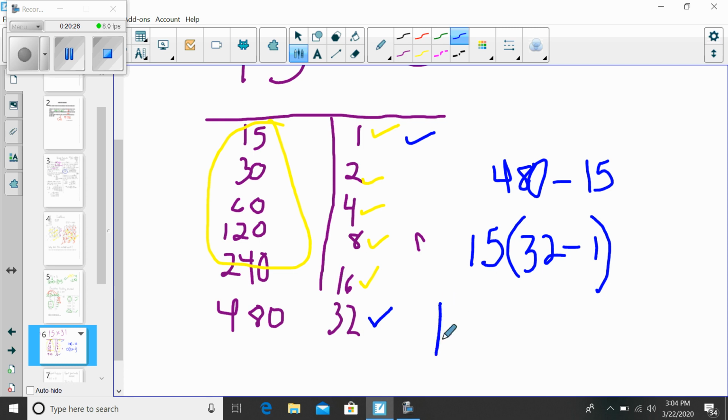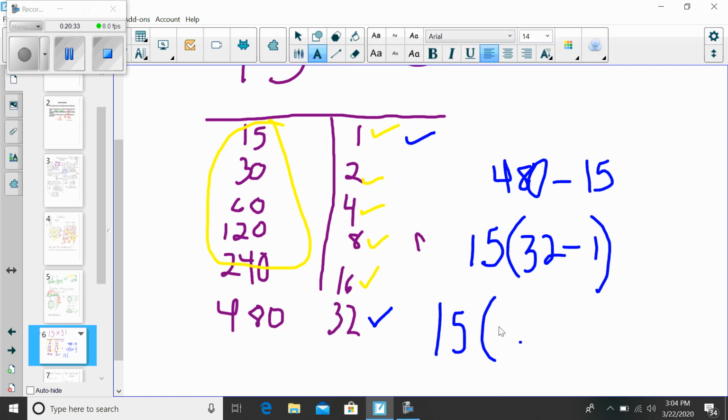Or I am thinking of 31 as the sum of, if I were smart, I would use a text box instead here, the sum of 1 plus 2 plus 4 plus 8 plus 16, and then I would be distributing over all of that.